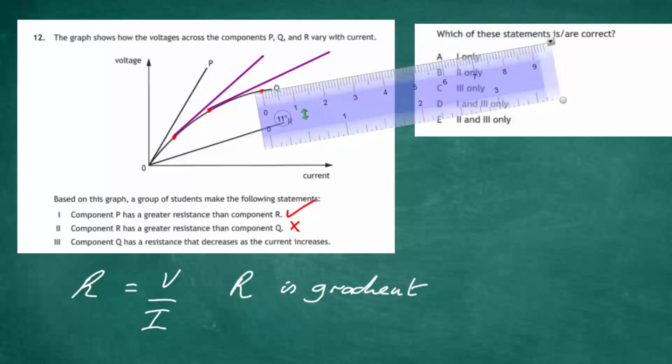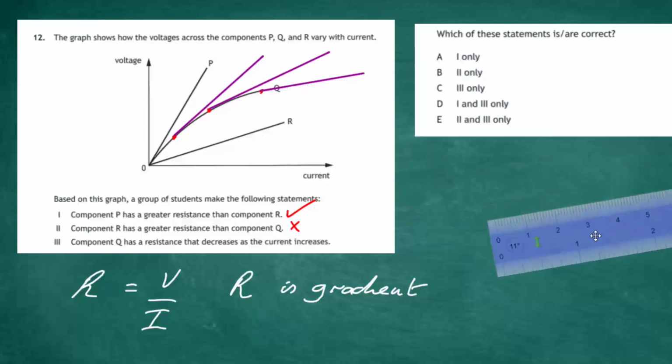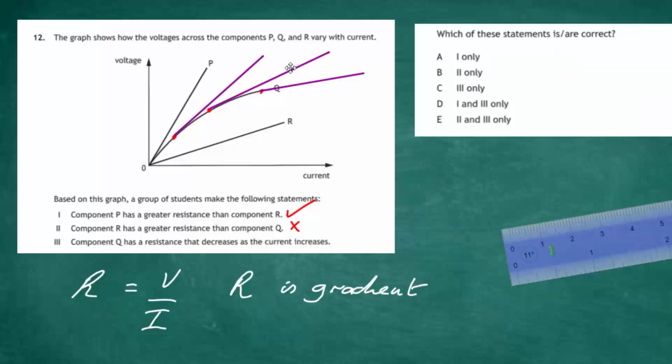Just run along the graph, and if we take our pencil and draw the line like that, you can see very clearly there that the gradient is actually getting more shallower. In other words, the gradient is decreasing as the current increases, or to put it another way, the resistance is decreasing as the current increases, because the gradient is getting smaller. The slope is getting smaller as we go up the graph, as we go up the current.